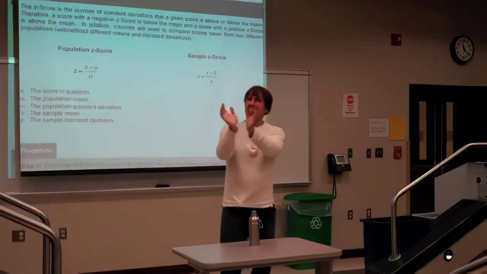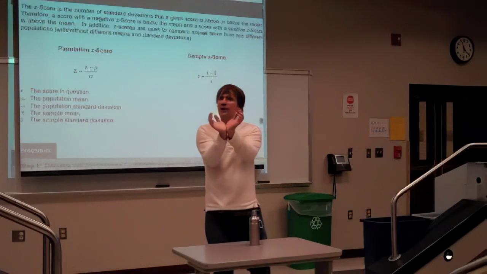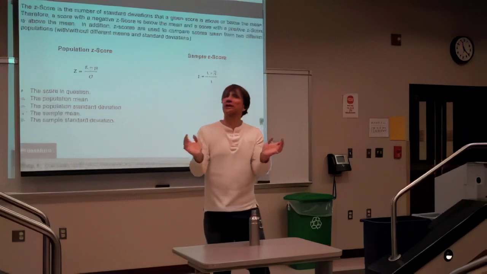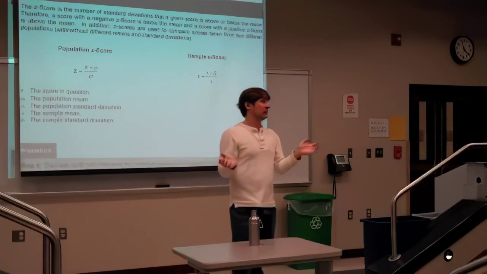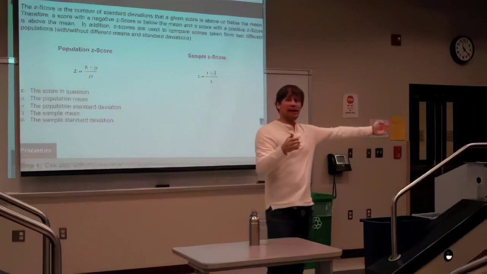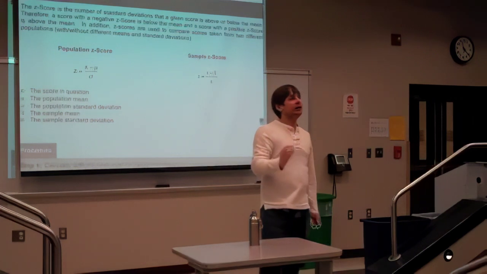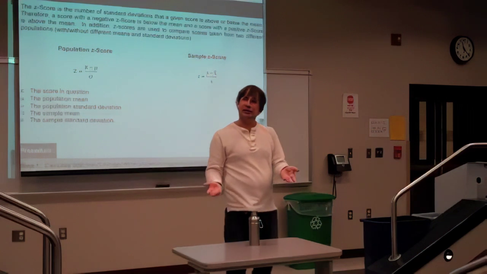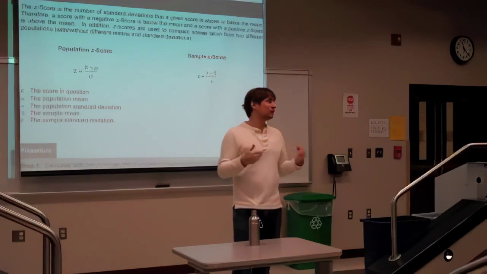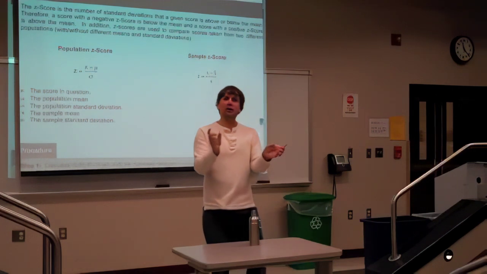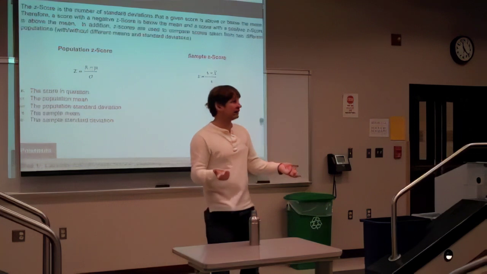Because remember, the population of the classes, or the people in the classes, are the same. You know, they're random samplings from Fisher's population. So your grade is above the average by quite a bit. Your friend's grade is below the average in the class by quite a bit. So what that tells you is that my exam was just more difficult, that's all. So you can compare and see where you fall relative to your friend.